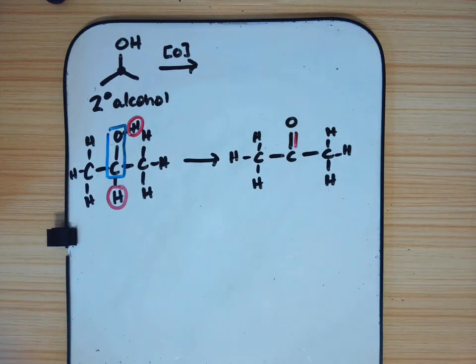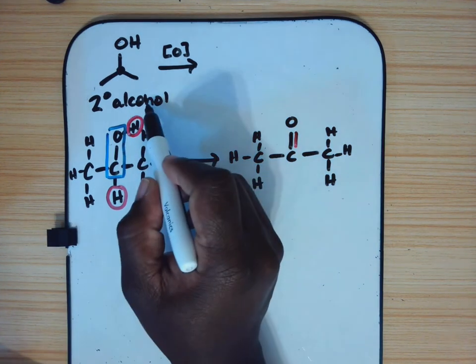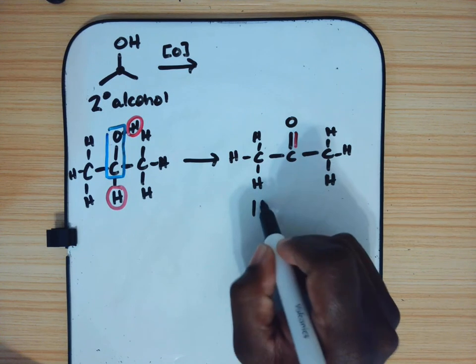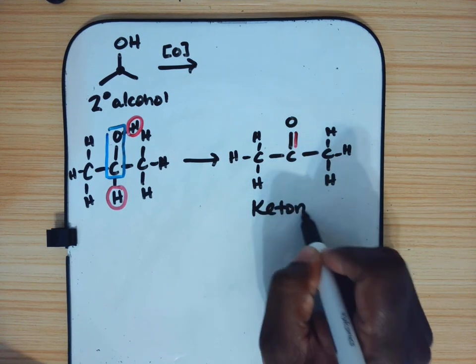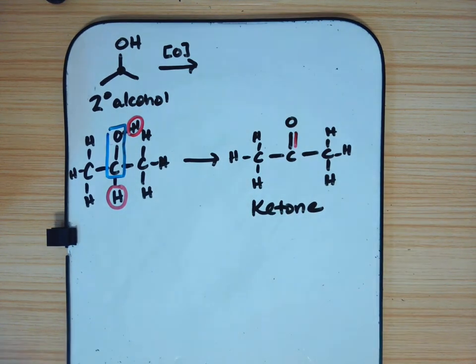So you end up with a double bond between the carbon and the oxygen. So we've now gone from a secondary alcohol to a ketone. Recall, once you form your carbonyl containing group, you need to look to see if it has a hydrogen. But of course, in the case of a ketone, it doesn't. It only has 2 carbon groups.